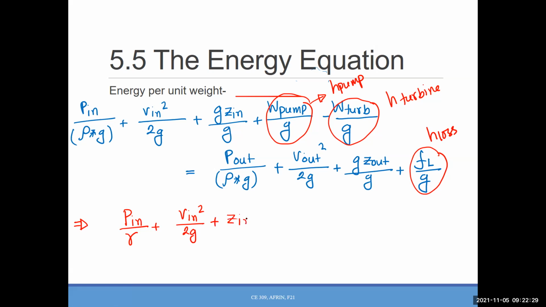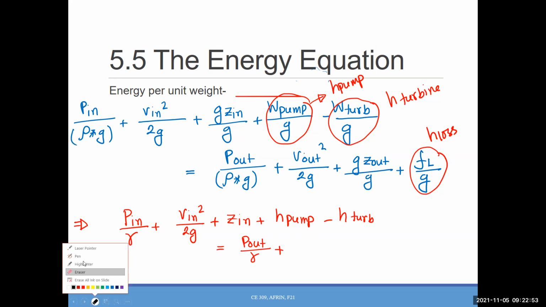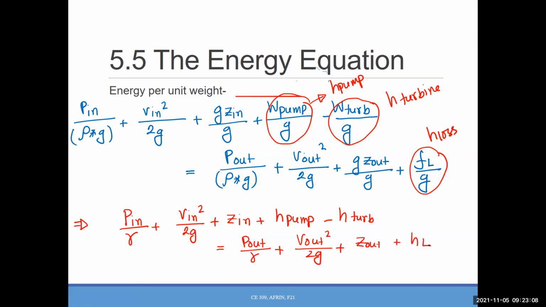Okay. So the final form can be P in over gamma, V in square over 2G, Z in, plus H pump, minus H turbine, equals to P out over gamma, V out square over 2G, Z out, plus head loss. Z got cancelled. Okay.